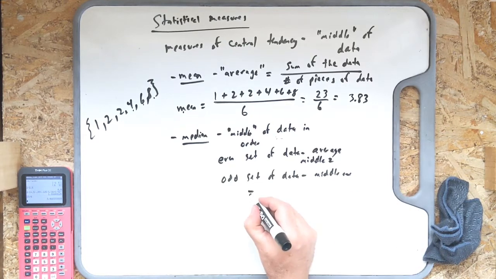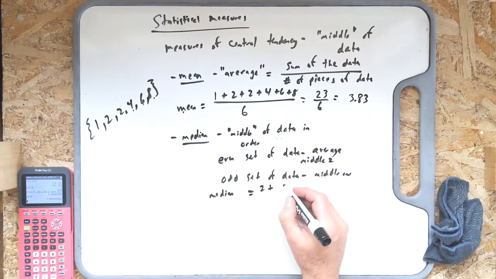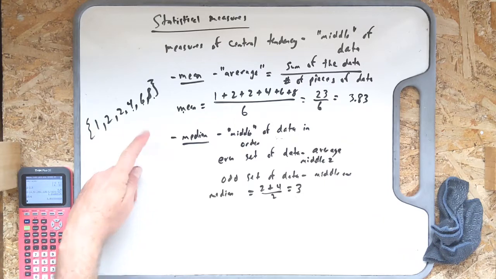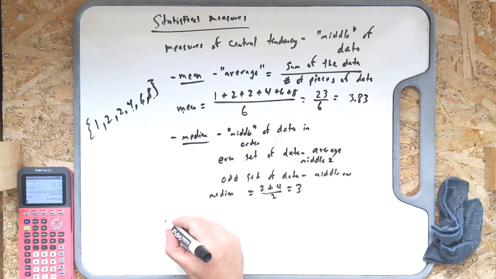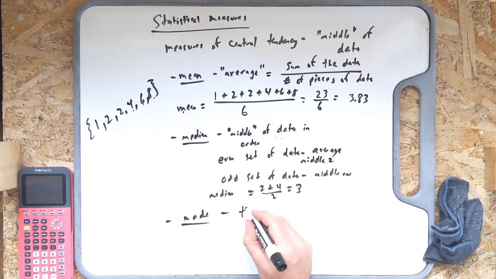The median is equal to 2 plus 4 divided by 2, or 3. So the median doesn't actually even have to be in the data set, neither did the mean. The last one we're talking about is what's called mode. Mode is the most frequently occurring value.